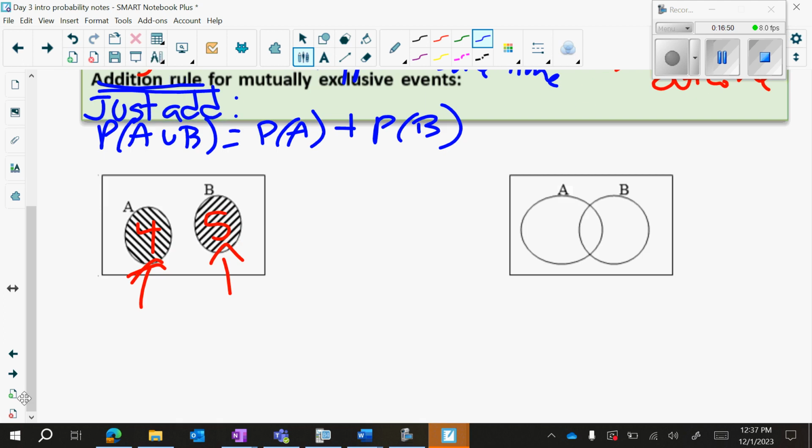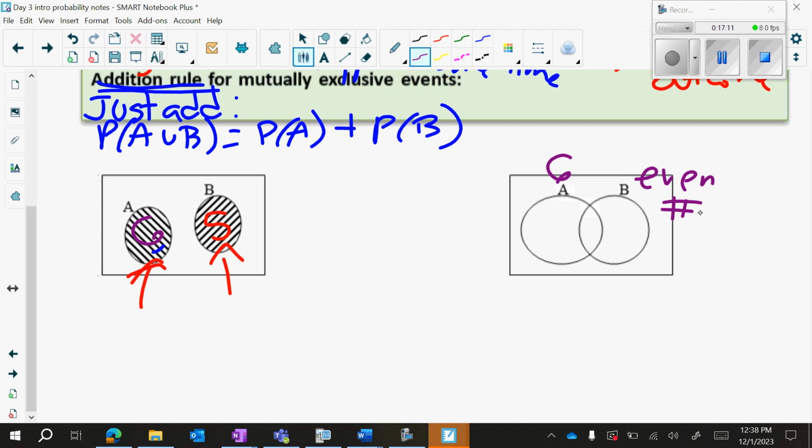However, sorry, let me change this to 5 and 6. My bad. Now, what if, however, we had something like rolling a 6 is A and rolling an even number? Okay.